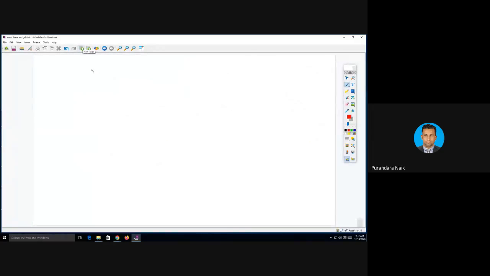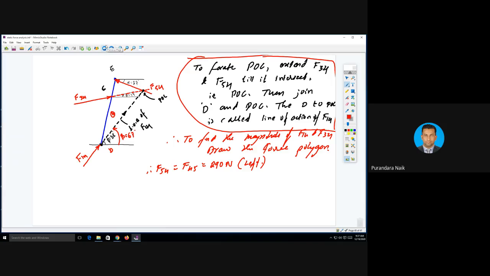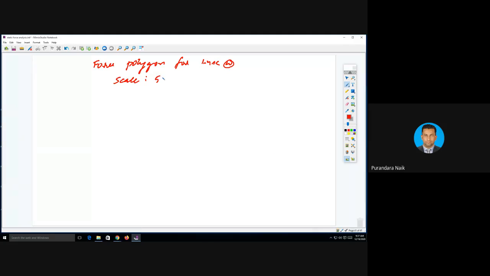Okay. Now, the force polygon. What scale are you going to take? 50 is equal to 1 centimeter.